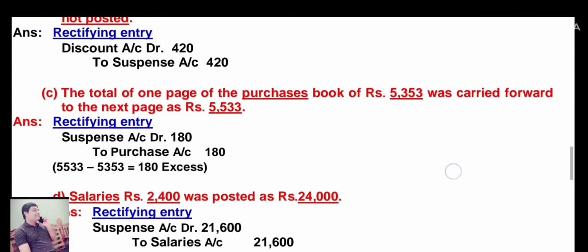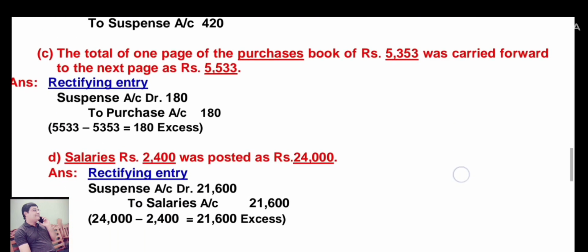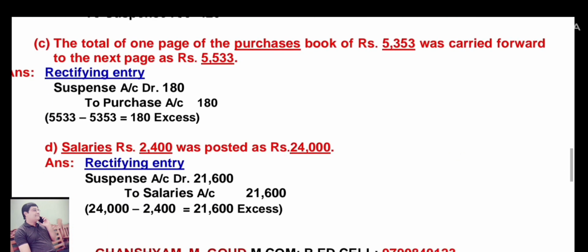Next question. The total of one page of the purchase book, rupees 5353, was carried forward to the next page as rupees 5533. So it is more, an excess of rupees 180. Excess means we have to write the opposite entry.